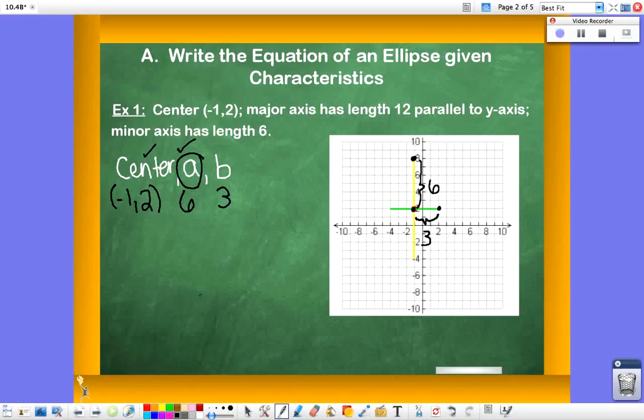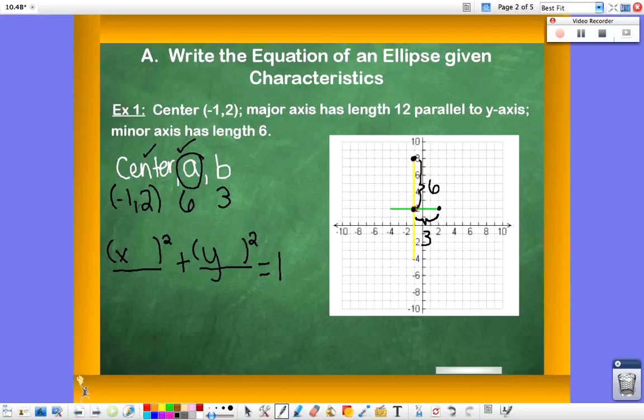Lastly, we're just going to put it into our standard equation of an ellipse. First of all, you should always remember that an ellipse is always set equal to 1. The x's always go first, and then the y's. The last thing we have to put in is the information we got from our drawing.